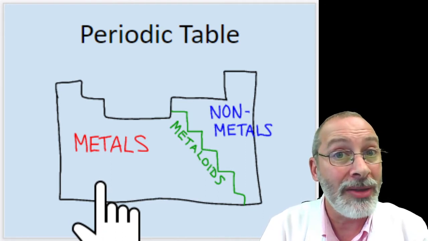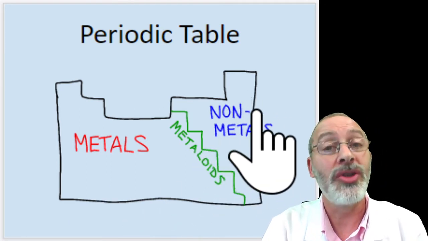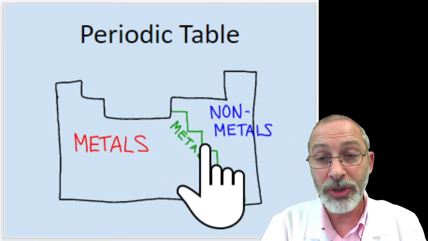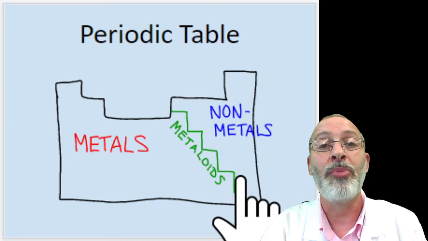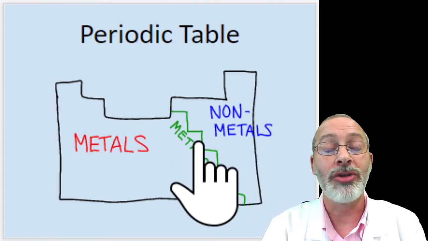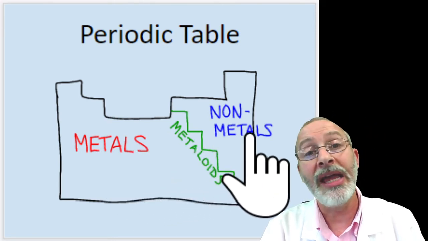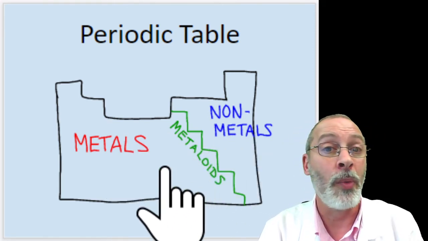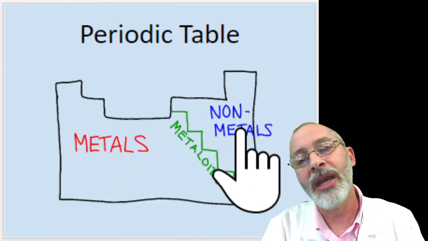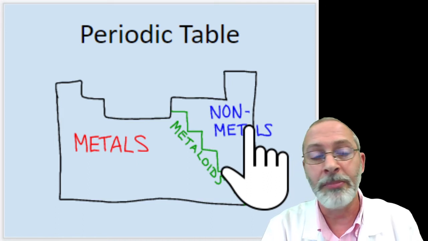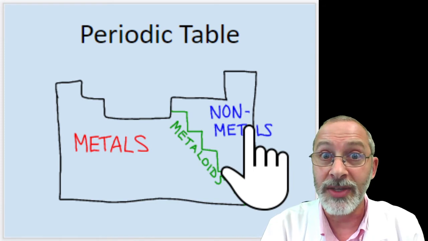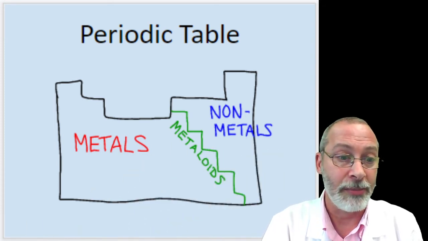All non-metals on the periodic table are to the right. And the thing that divides them is that boulder staircase, which is comprised of elements called metalloids, which have characteristics of both metals and non-metals, depending upon what they might be near. So metals on the left, non-metals on the right. That's going to be really important. Actually, all of this is really important this week. So be sure to study this topic on the periodic table.